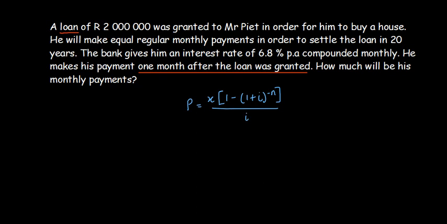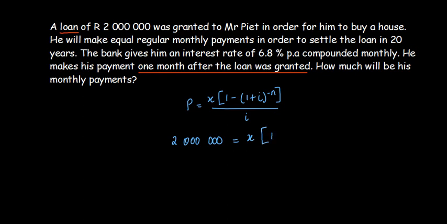So the present value is the loan that was granted, so 2 million rands was granted. And then X is the monthly payments. We do not know how much it is.